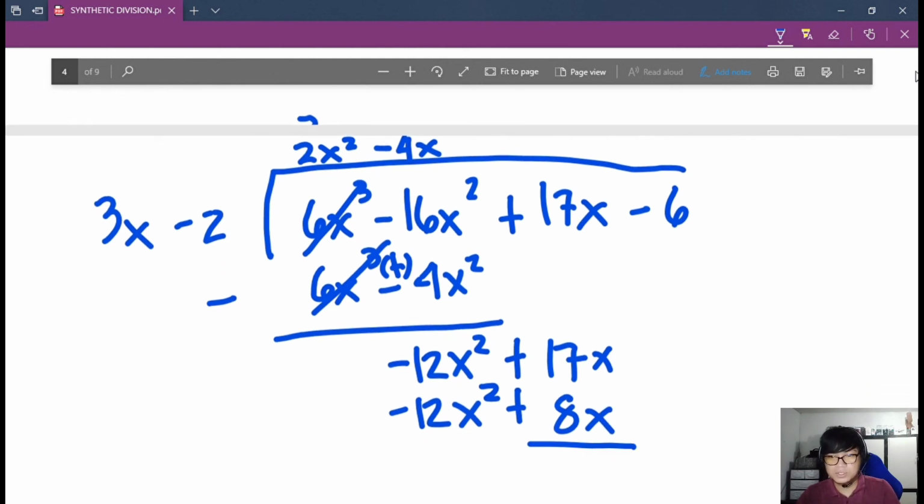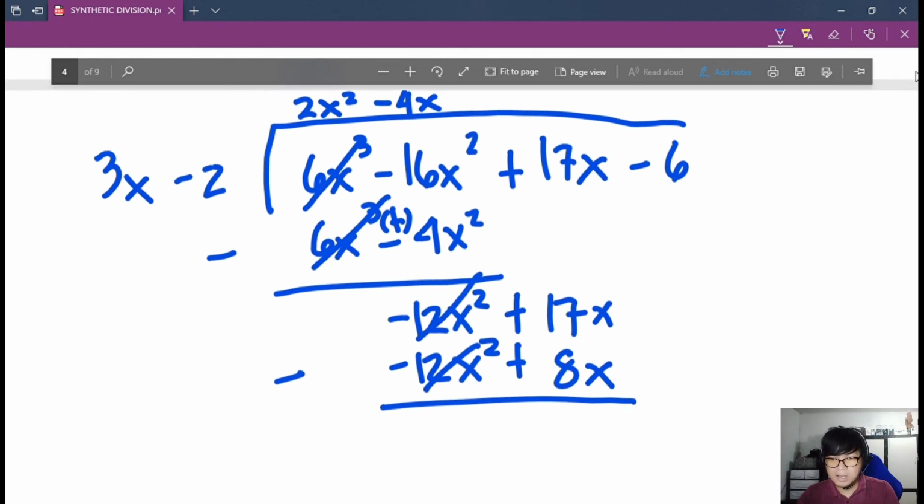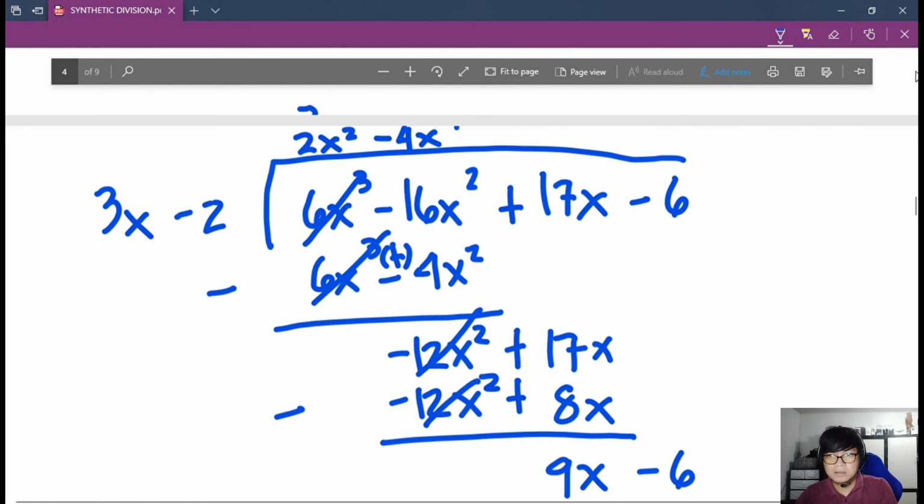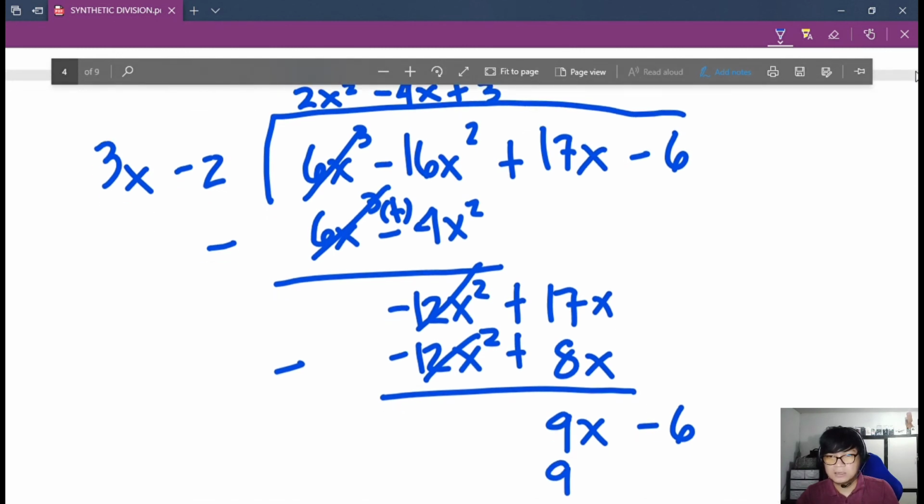Tapos we will subtract this one, 0. So 17 minus 8, that's 9x, bring down 6. So 9x divided by 3x, that's plus 3. So 3 times 3x, 9x, and 3 times negative 2, negative 6.